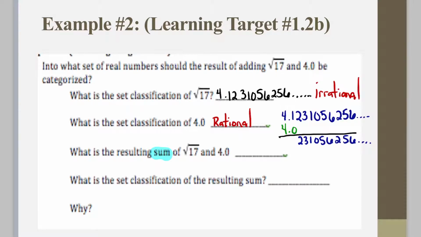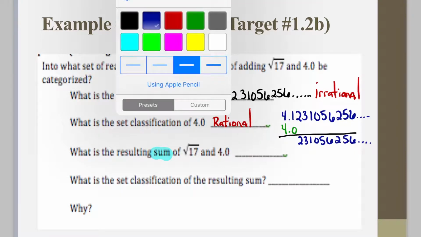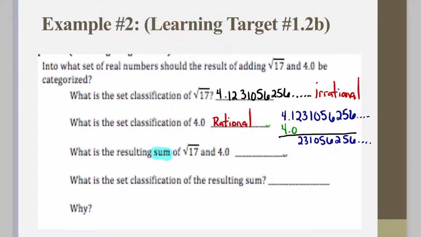And so without even going any further, we can see that this is going to be a decimal. The resulting sum will be a decimal that goes on forever. It does not terminate and does not repeat. And so we can now conclude, without even finishing the addition, that we are going to have an irrational number.